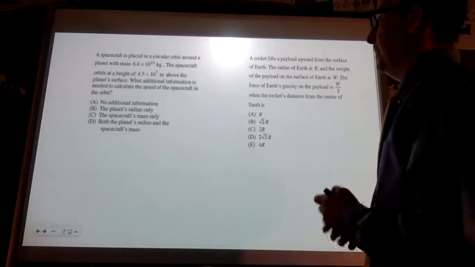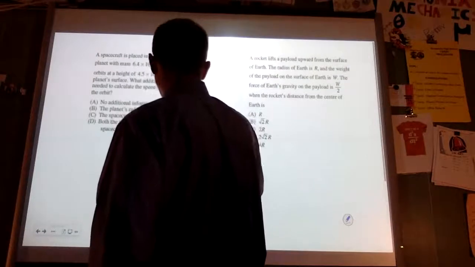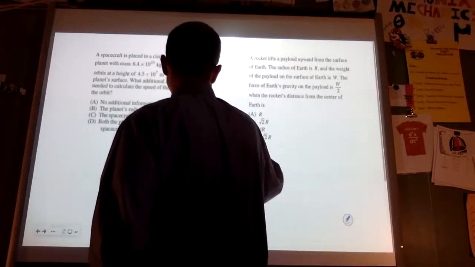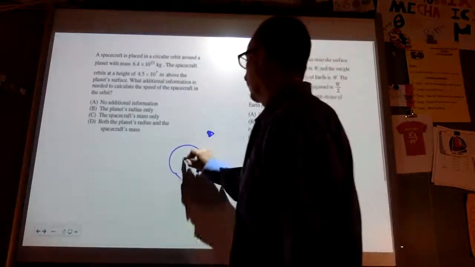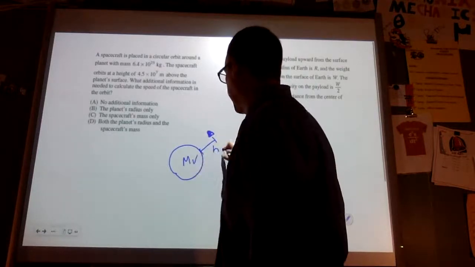A spacecraft is placed in a circular orbit around a planet with a mass that's known. So here's our spacecraft up here. So we know the mass, we know the height.